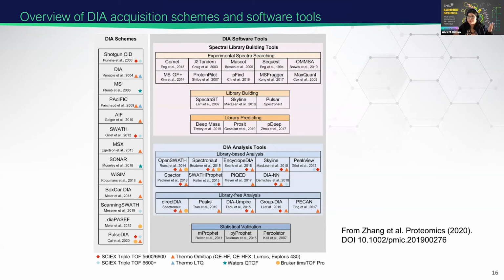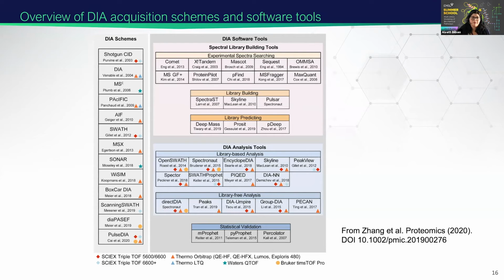But then in 2009 and 2010, Waters commercialized an instrument that was able to collect that precursor and fragment ion information within a single run. And then they released software, proprietary, to analyze the data. And it was not until 2012 with the SWATH publication that the DIA method gained more momentum and more interest, because then the instrument was faster.